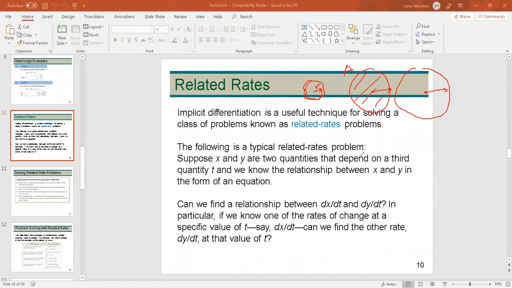Now, when we talk about related rates, rate means change with respect to time. So what we're going to be doing here is taking the derivative with respect to time. I want to know, how is this area increasing with respect to time? Well, that's really going to be the rate of change of area with respect to time.